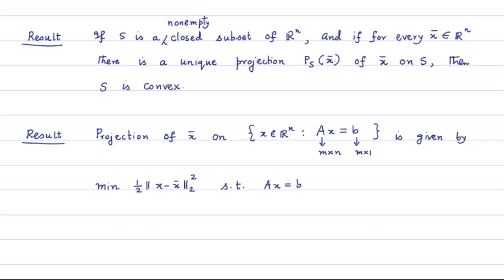whose solution is given by x star is equal to the following, where obviously we are assuming this matrix capital A is a flat matrix, that means the number of rows m is less than or equal to the number of columns, and also that this matrix has rank equal to m.